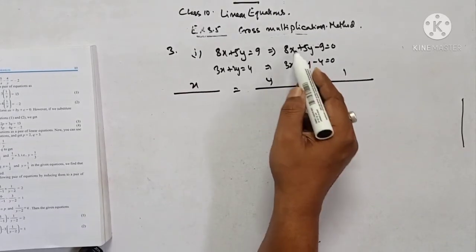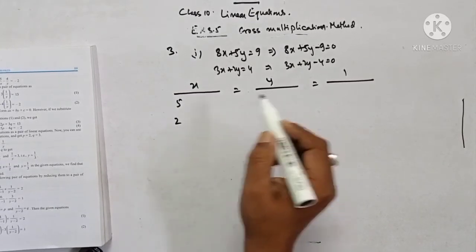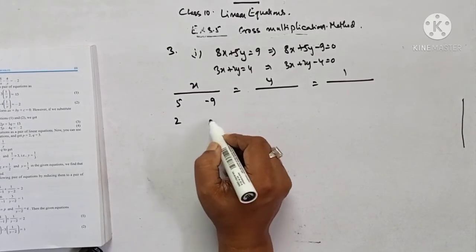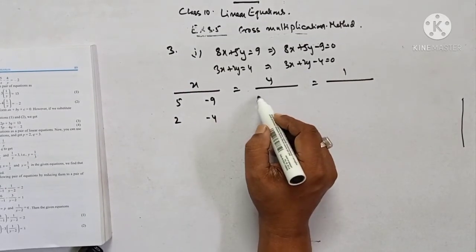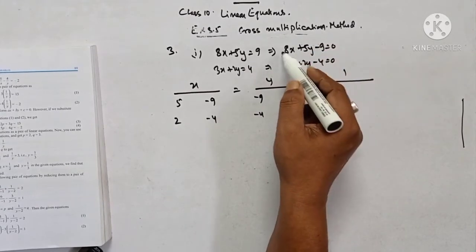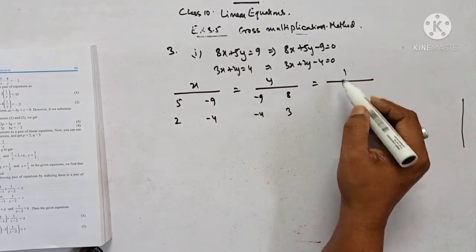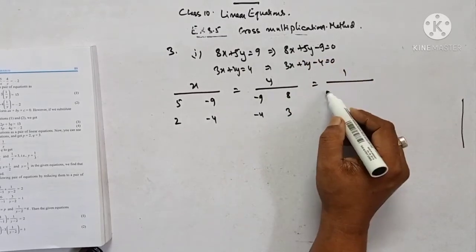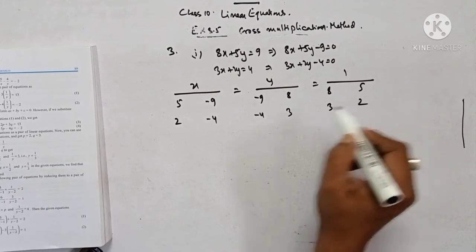For x, it gets removed, so b1 b2, that is 5 2, c1 c2 that is minus 9 minus 4. For y, this is removed, so c1 c2, that is minus 9 minus 4, and a1 a2, that is 8 3. Again for 1, that is a1 a2, that is 8 3, b1 b2, that is 5 2.